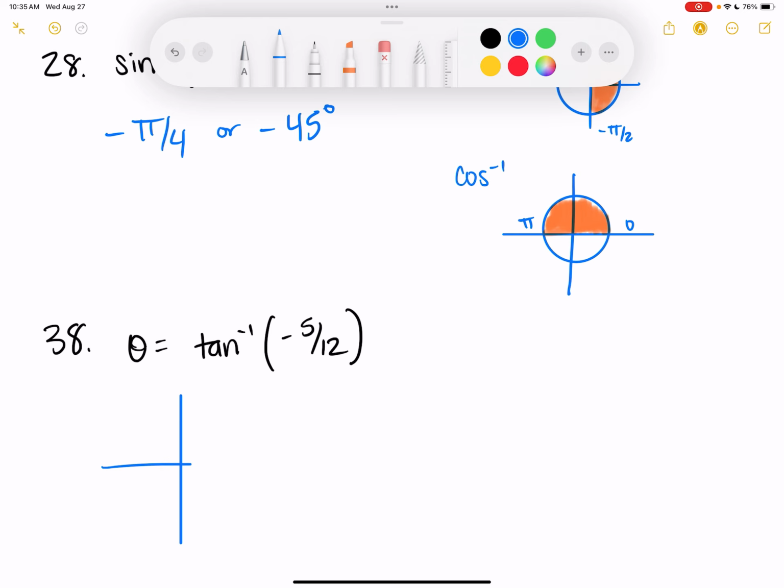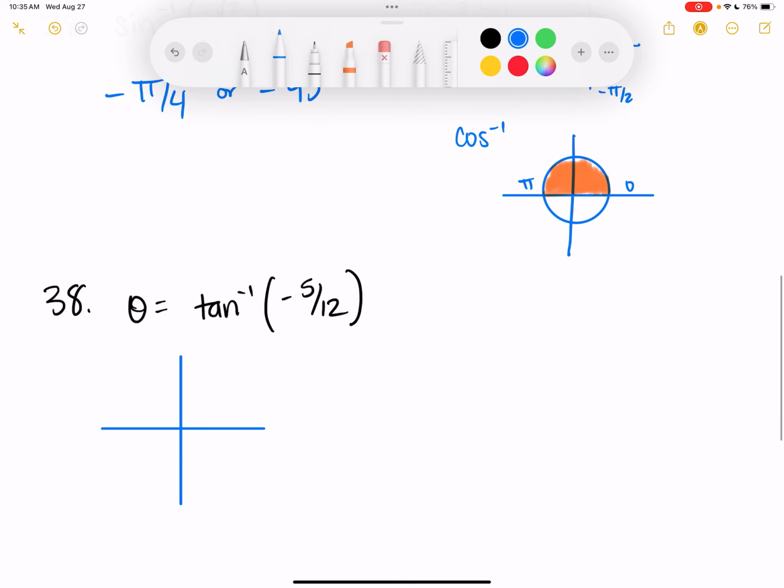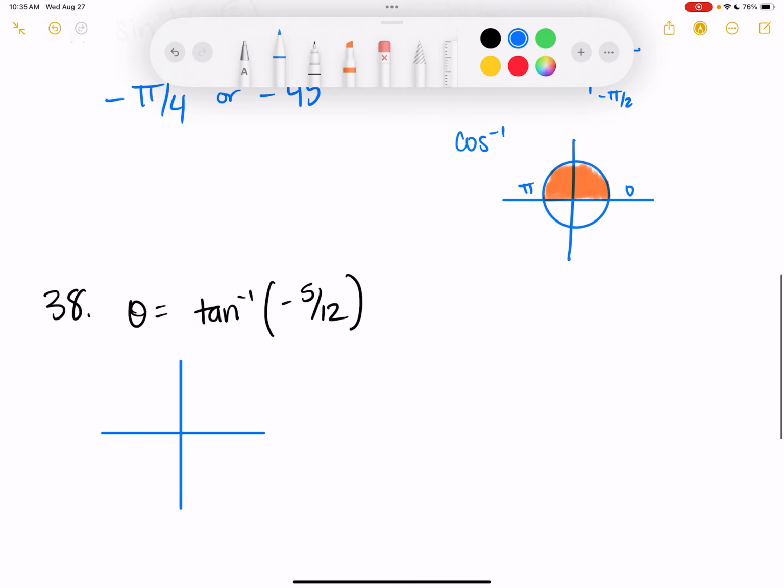We know inverse tangent is on the right hand side, and tangent is negative in quadrant 4. So I have to be down here, like on the first one I did. We've got y over x, but the negative sign can go on either. The y is down here, so my 5 is negative because the y value needs to be negative. And then x is 12.